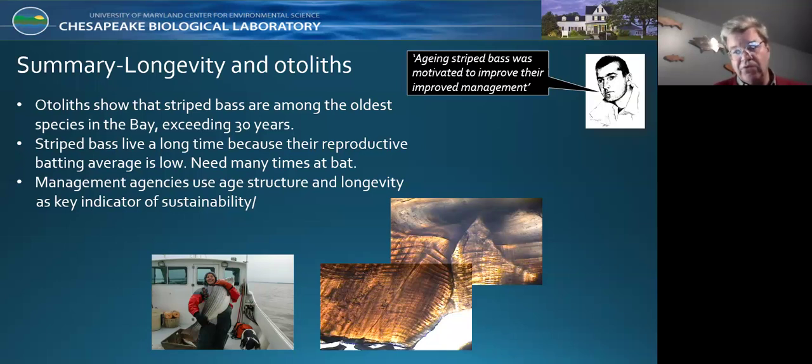Striped bass is one of our oldest species in the bay, with longevities exceeding 30 years. Striped bass live a long time because their reproductive batting average is low. They need lots of time at bat. And management agencies now recognize this and use age structure and longevity as a key indicator of sustainability.